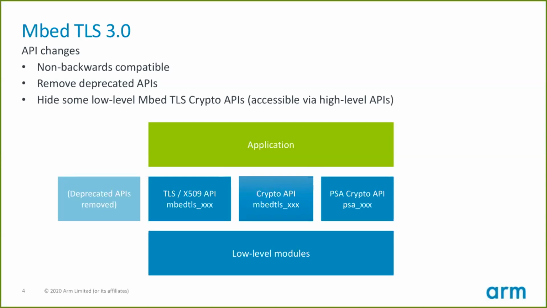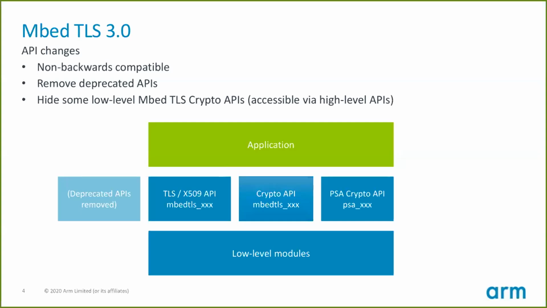Mbed TLS 2 was those interfaces, a little tweaked and all renamed to have an mbedtls_ prefix. And Mbed TLS 3 will still look fairly similar for some parts of the library. It still has mbedtls_ prefixes, but crypto is going to be different, and to some extent there'll be minor differences in SSL and X509 as well.